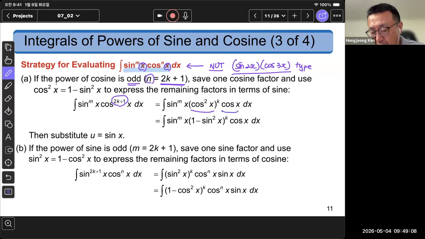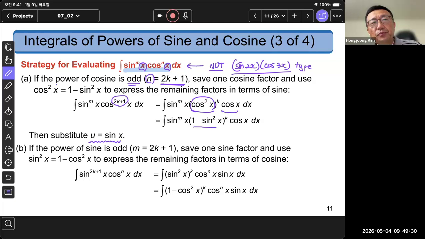And then you replace this cosine x squared by 1 minus sine x squared. And then you substitute u for sine x. That's what you need to do.